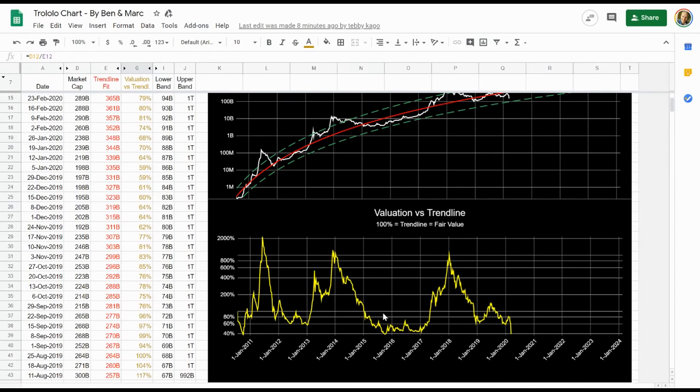Here it hit 60%, which means minus 40% undervaluation.